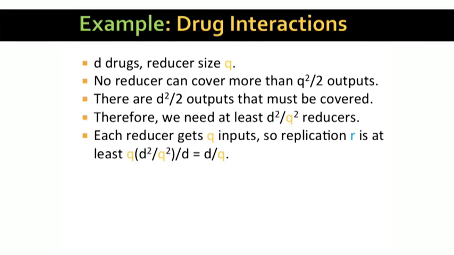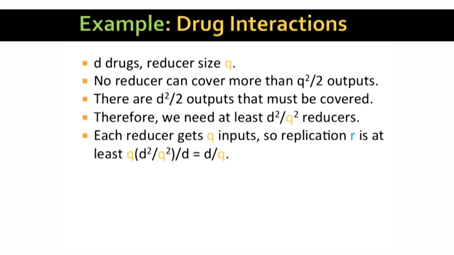The replication rate is the number of reducers, that's d squared over q squared, times the number of inputs per reducer, that's q, divided by the total number of inputs, which is d. That gives us r greater than or equal to d over q. That is, there is our lower bound on replication rate for any algorithm that solves the drug interaction problem.